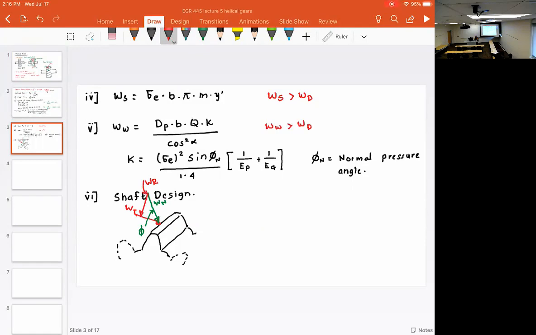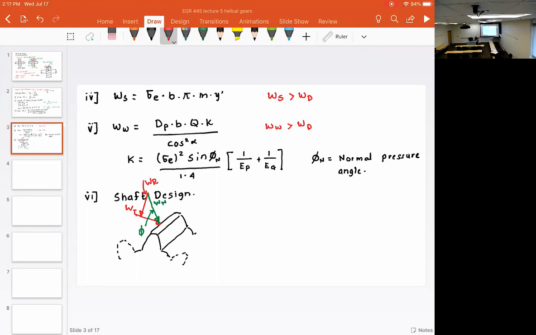So this is the force diagram on the gear. Once again, WT is a tangential load that is causing the torque. Tangential load WT makes that gear rotate. But because of the pressure angle, we get WN.